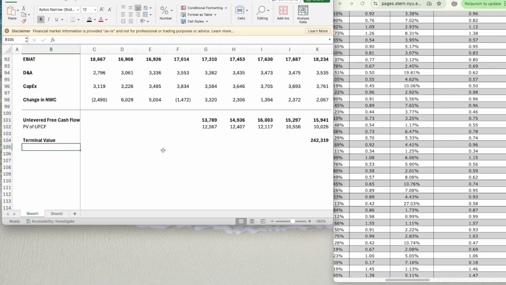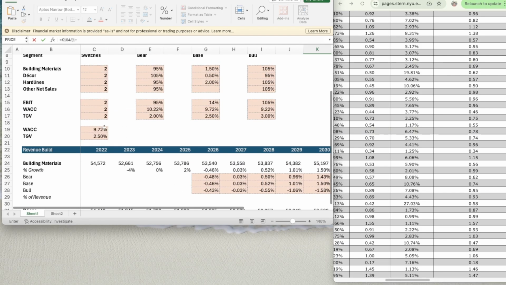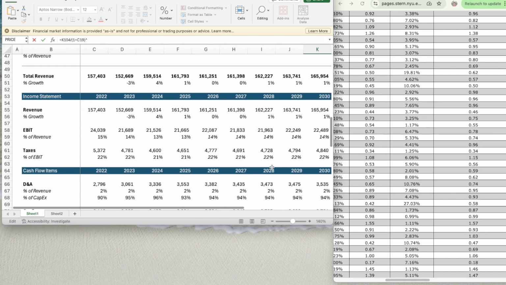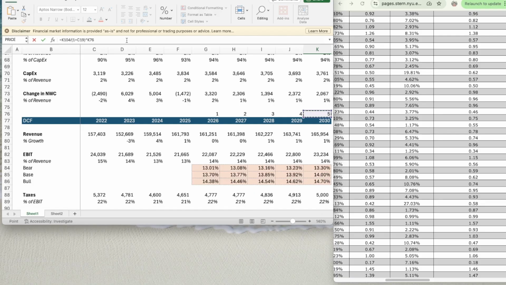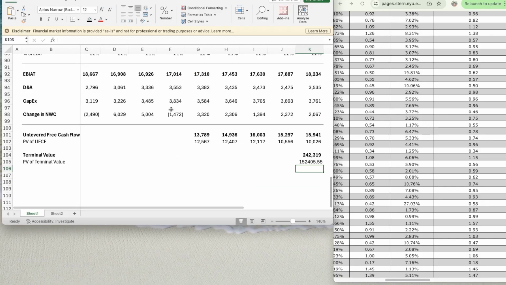And the present value of this, so PV of terminal value, is going to be divided by 1 plus the WACC to the power of that final year, number 5. There we go.